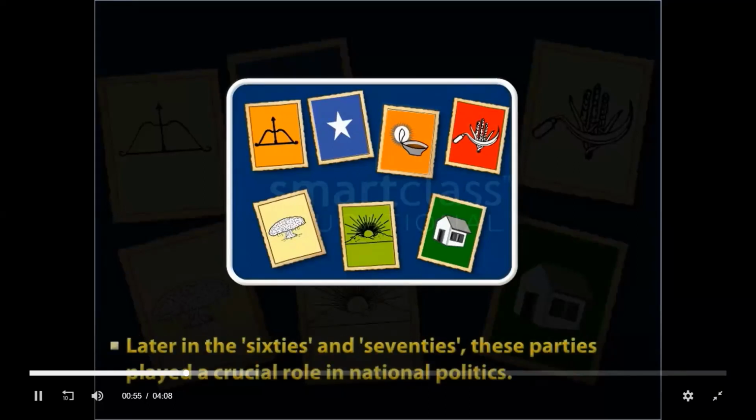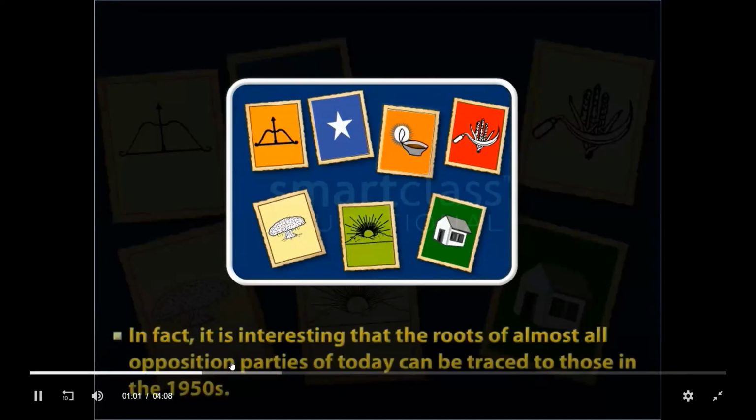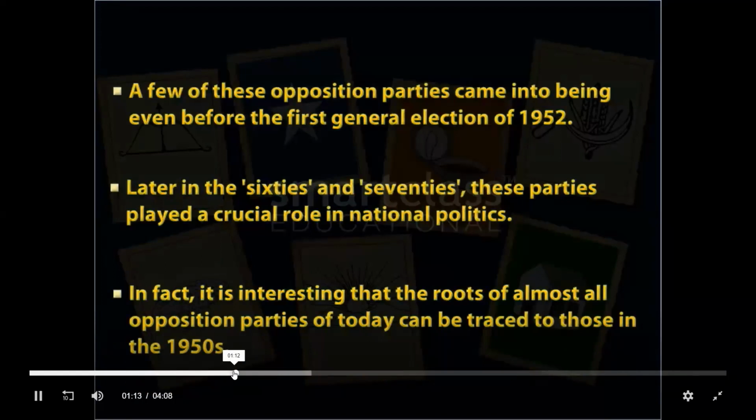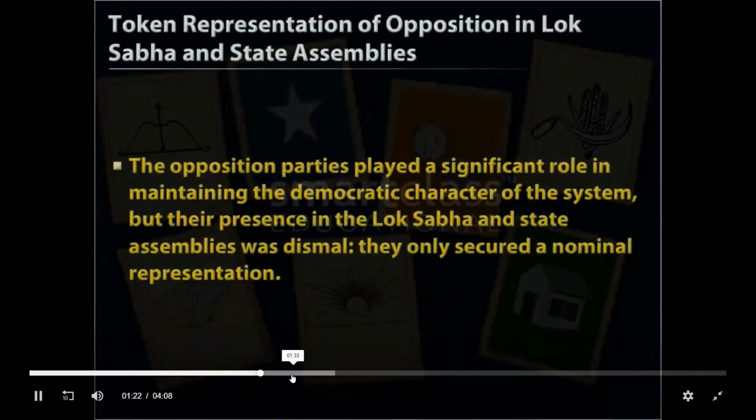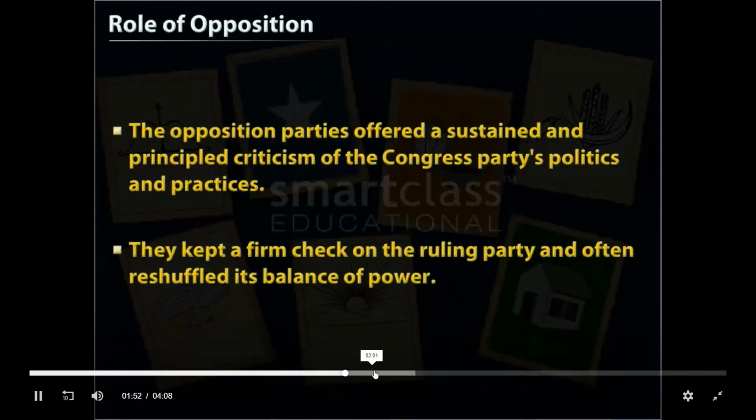Later, in the 60s and 70s, these parties played a crucial role in national politics. Token representation of opposition in Lok Sabha and state assemblies. The opposition parties only secured a nominal representation. They kept a firm check on the ruling party and often reshuffled its balance of power.